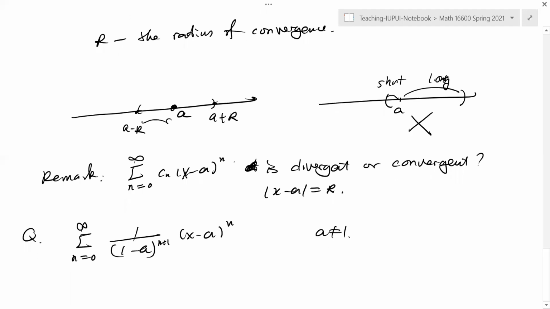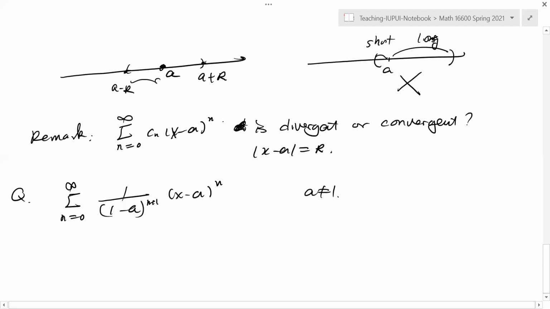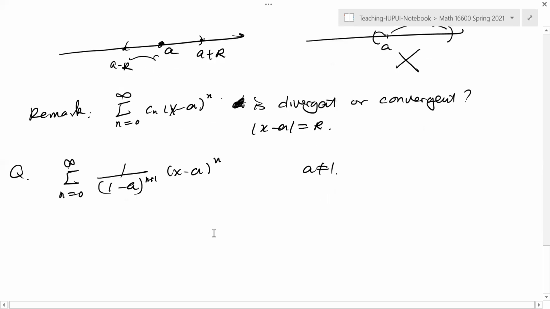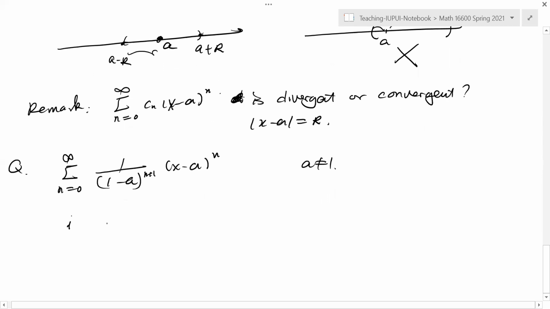We already showed that this series is convergent if the absolute value is less than R. What is R?